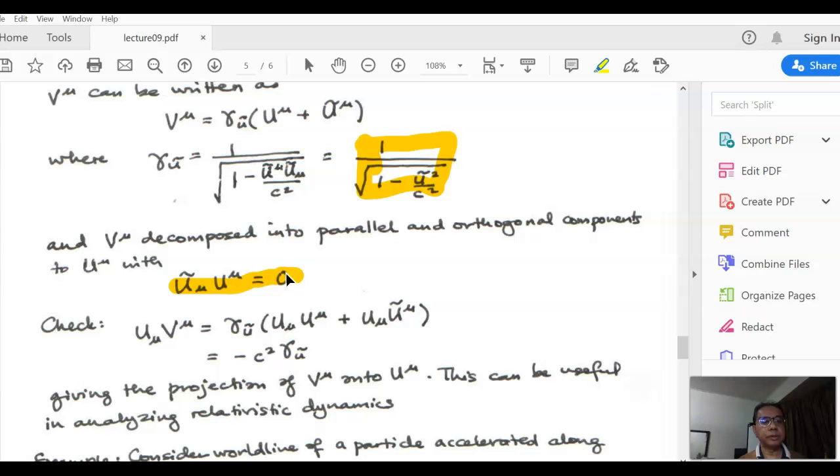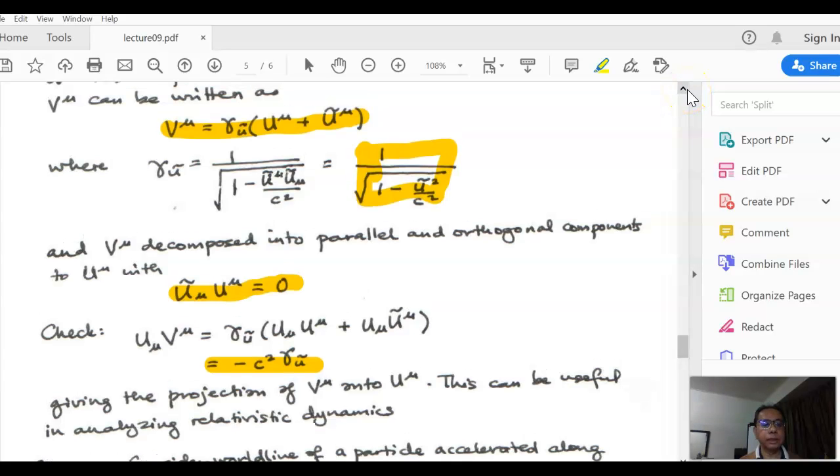Essentially, what's going to happen is that you can now actually show, using this expression which you have already decomposed into a component orthogonal to U mu and a component parallel to U mu, once you substitute this into the inner product that we had earlier, U mu V mu, you'll be able to show that it gives you the same invariant quantity.